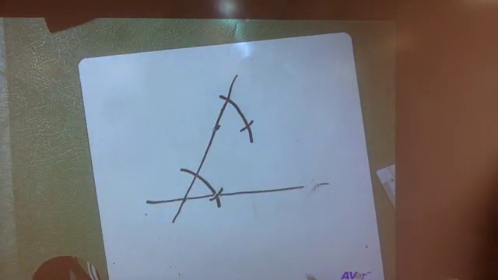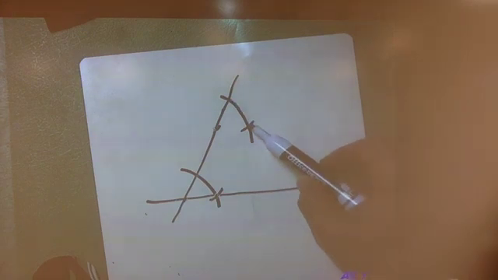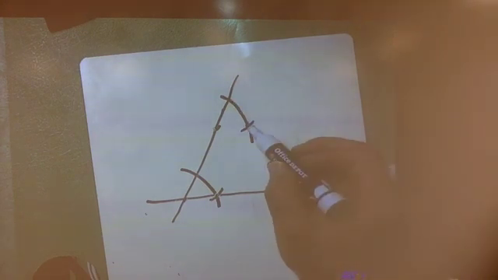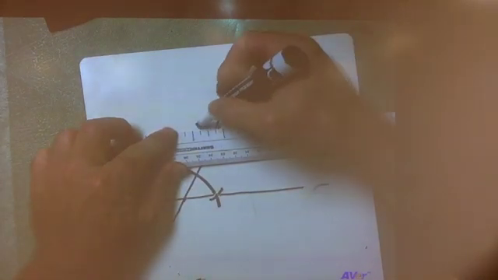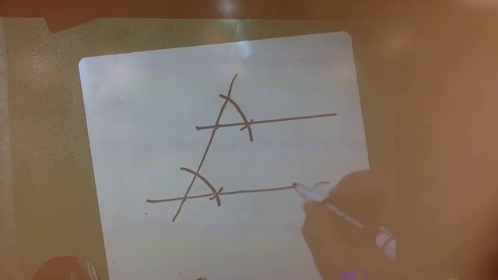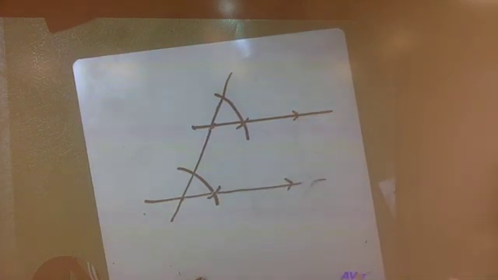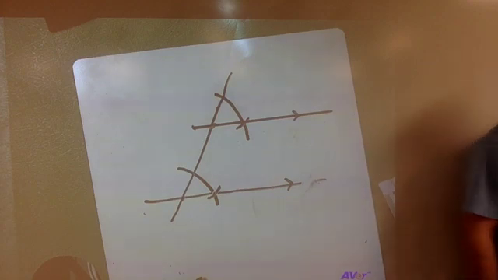Now we know the bottom side of our original angle is this far down our arc, and we just made that same mark on this arc. So if we connect these two points, then we've copied that angle, and we know the bottom sides of our angles are parallel. So this line is parallel to that line. And we just created parallel lines by copying an angle.